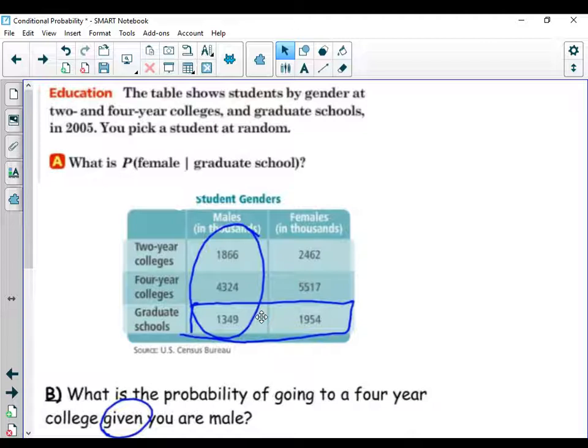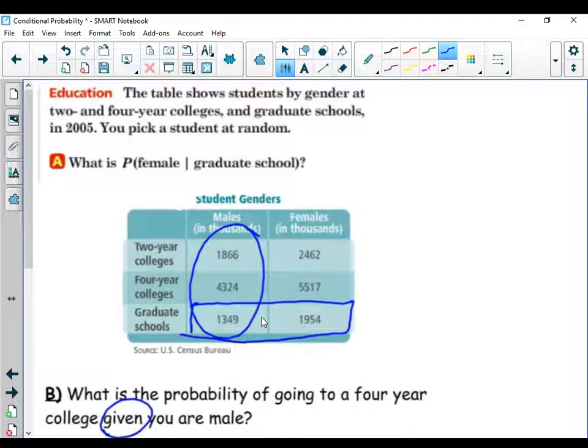Okay. The table shows students by gender at a 2-year and 4-year college, graduate students of 2005. That's when I graduated high school. You pick a student at random. What's the probability that it is a female given she went to graduate school? First, it might be easier to keep the words instead of making it A's and B's.